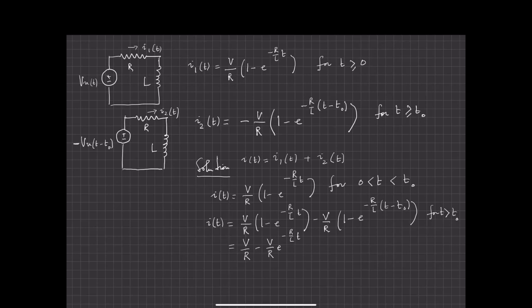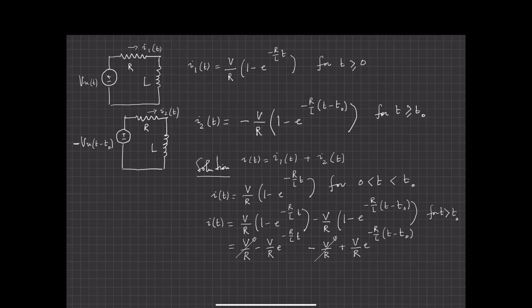And then we have a minus V over R, and the minus and the minus is a plus, so it becomes a plus V over R e to the power of minus R over L, t minus t naught. So you see that this V over R and this V over R cancel out.